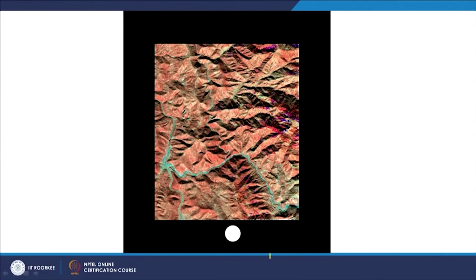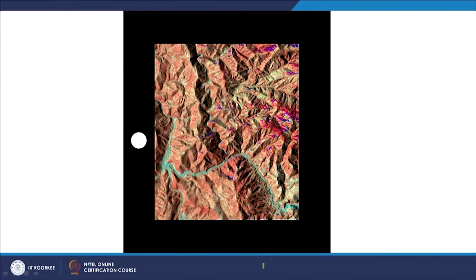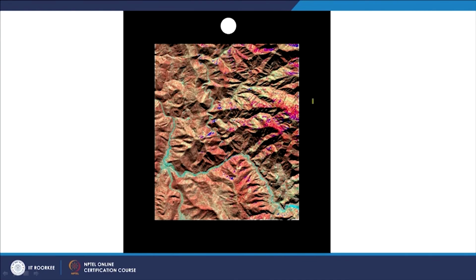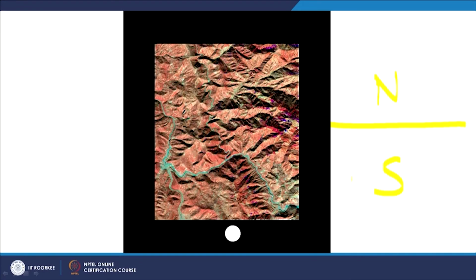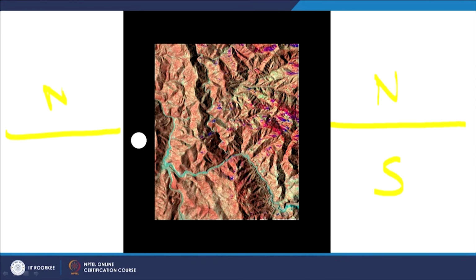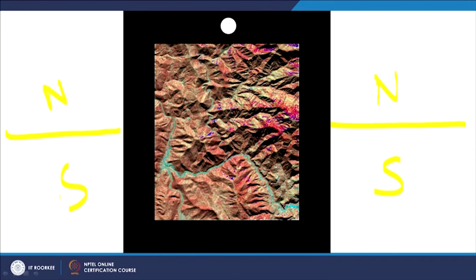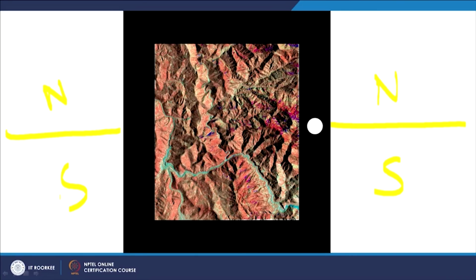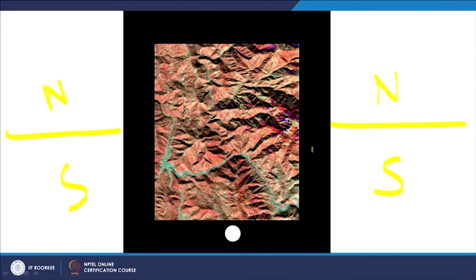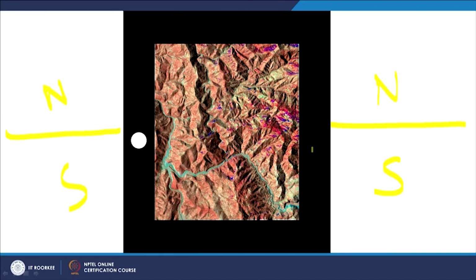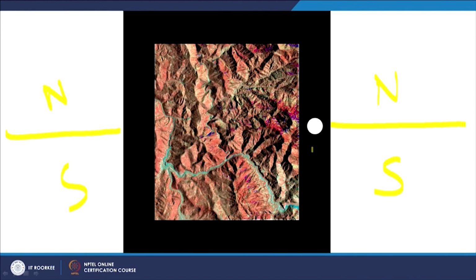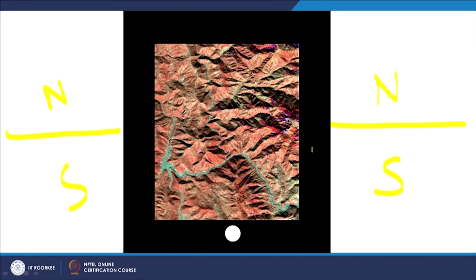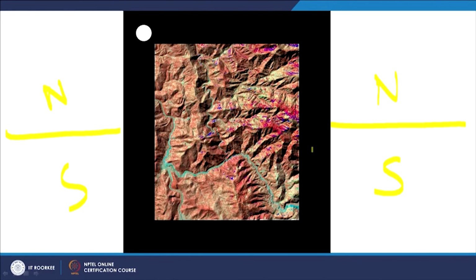What you are seeing here, the white one is the sun. When the sun is in the northern hemisphere, I say this is the northern hemisphere, this is the southern hemisphere, I am not seeing false topographic perception phenomena. But once the sun comes in the south, in the southern hemisphere, I start seeing this FTPP.